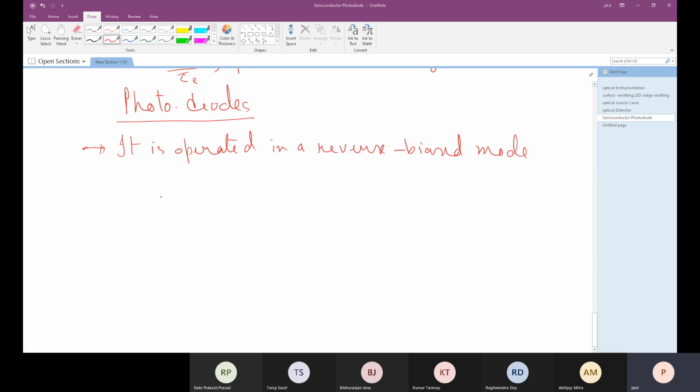Basically, the dark current increases with the incidence of photons. So there are two kinds of photodiode configurations, PN and PIN.